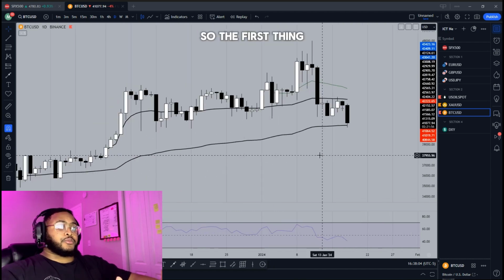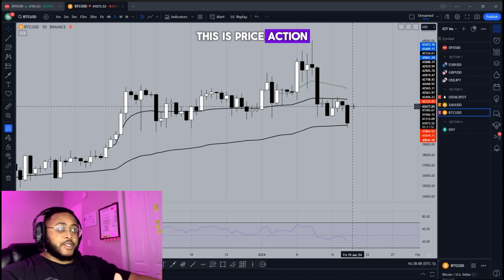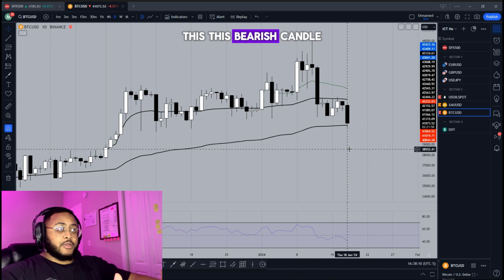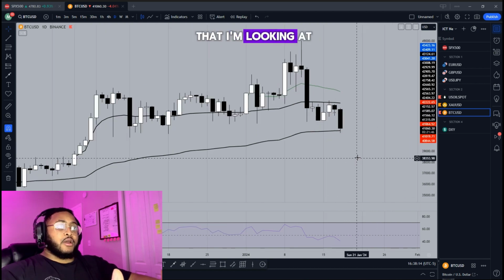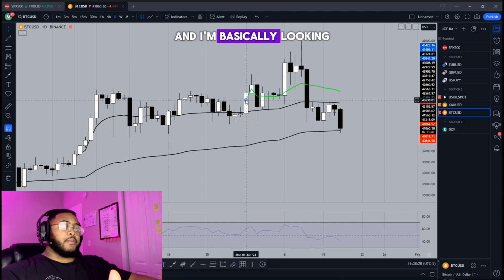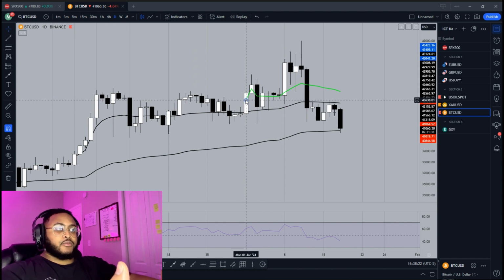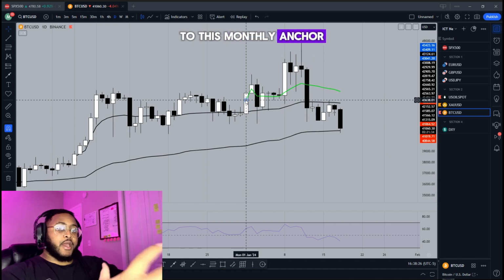So the first thing I'm looking at today is price action for today, this bearish candle bar right here. And the first thing that I'm looking at is this month's monthly anchor VWAP, and I'm basically looking to see how price action is responding to it.